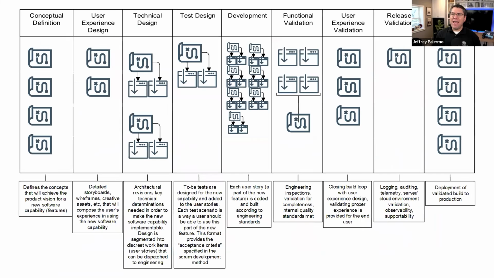All right, so if we lay that process out on some swim lanes, out on a Kanban style board, then we have columns for each of these activities: conceptual definition, which is business level requirements, user experience design, technical design, test design, and then development.